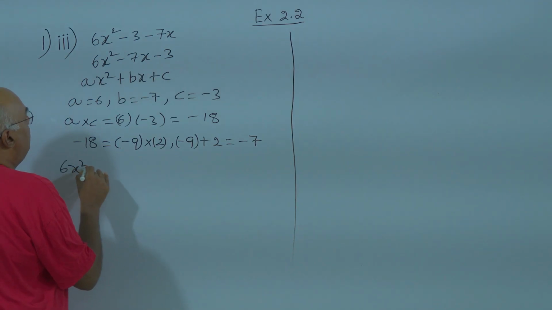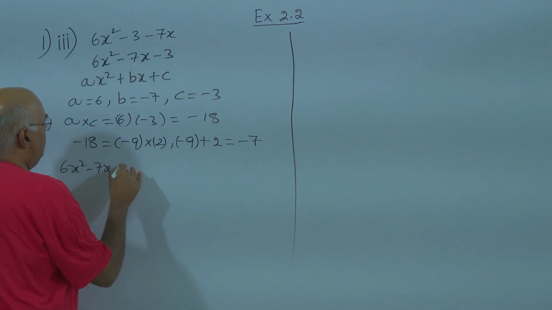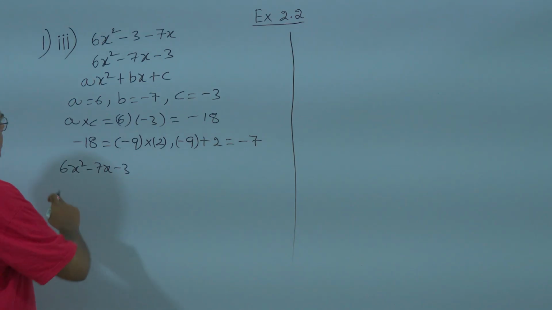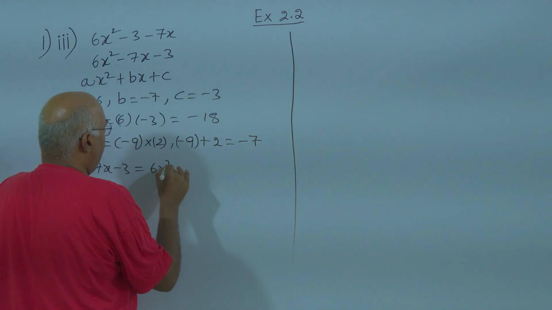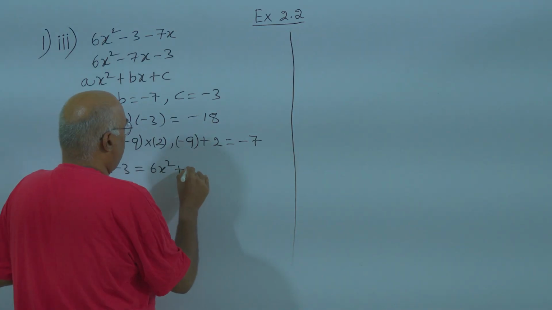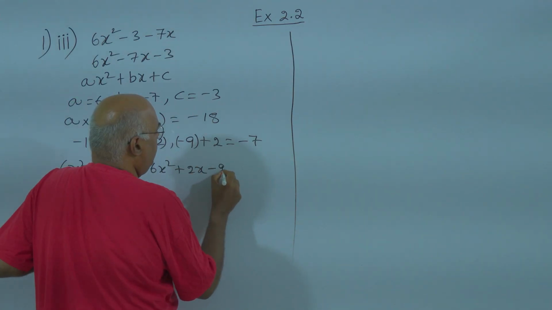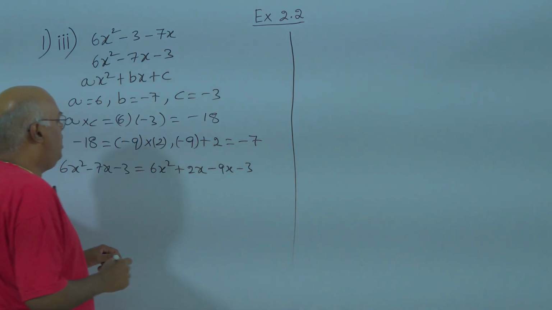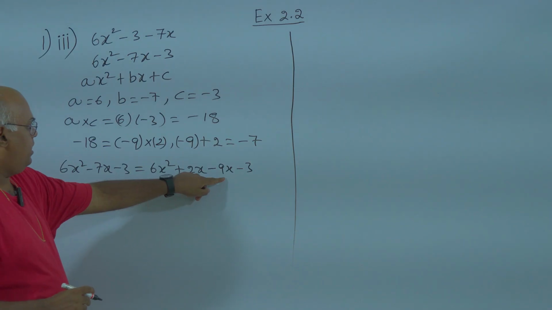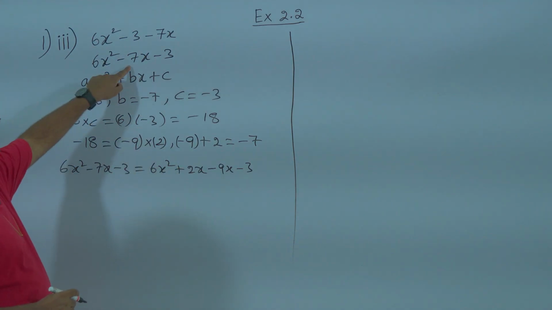6x square minus 7x minus 3, this is the given quadratic polynomial. I can write this given quadratic polynomial as equal to 6x square plus 2x minus 9x minus 3. See here, plus 2x minus 9x is nothing but minus 7x.